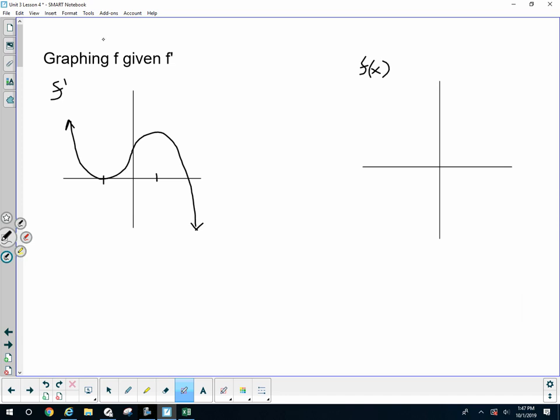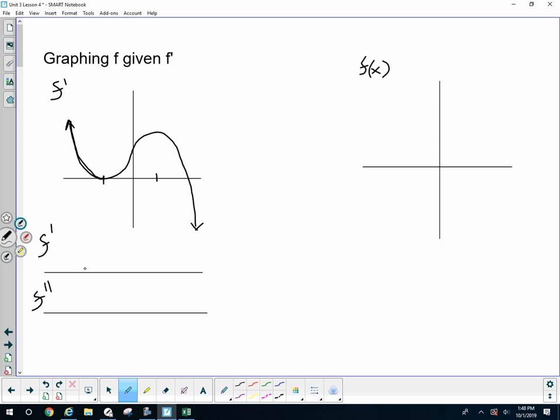We need to be able to do a sign analysis of f prime and f double prime at the same time, given the graph of f prime. Remembering, if I'm given f prime, just look at the values of f prime. They're positive until -1. They remain positive until what looks like 2.